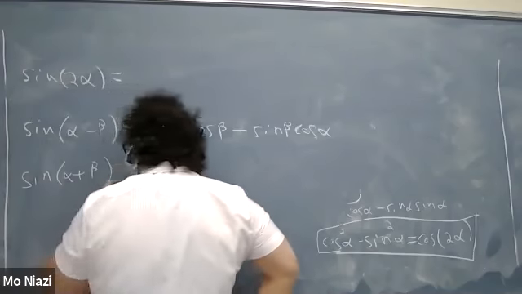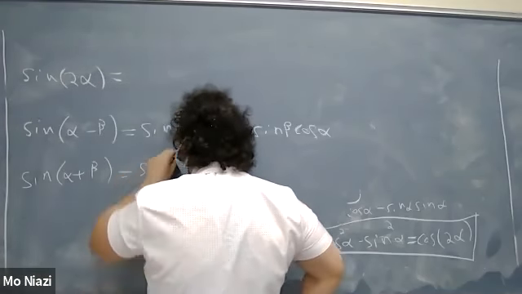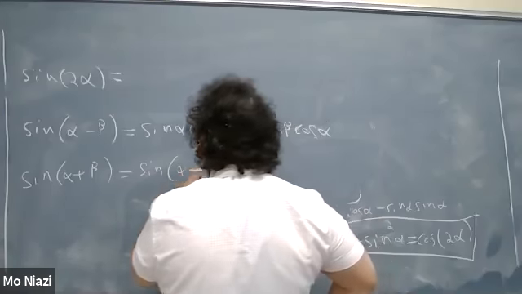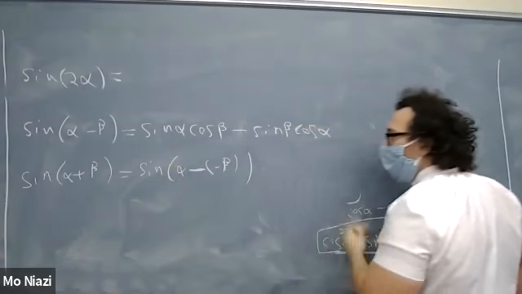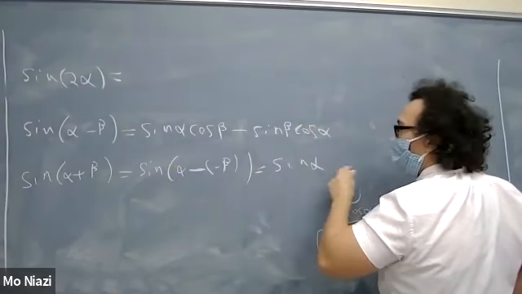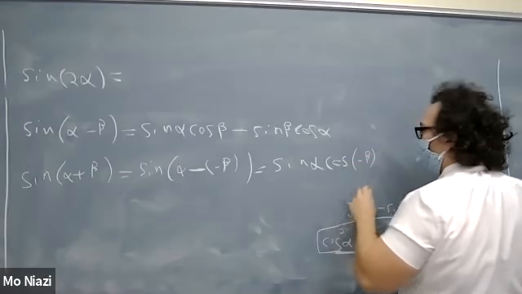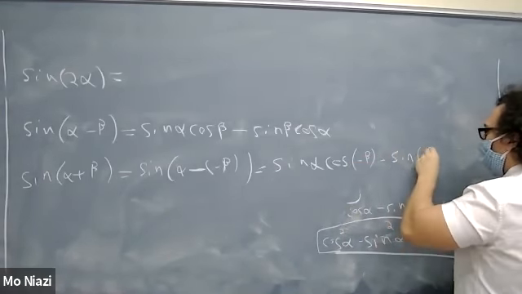Because this is the same thing as sine alpha cosine of a negative beta minus sine negative beta cosine of alpha.